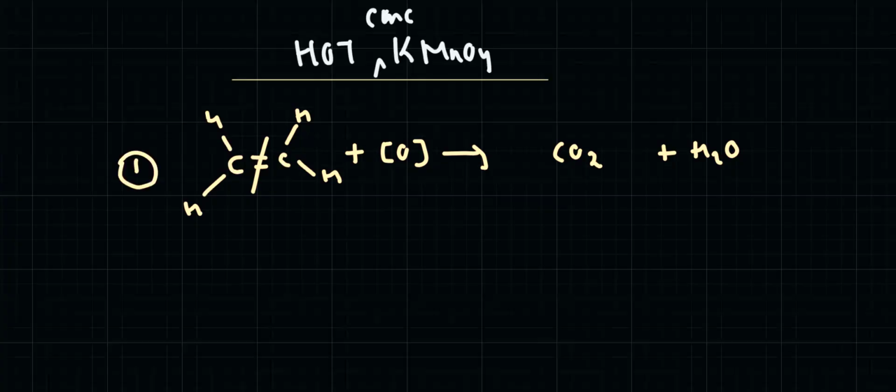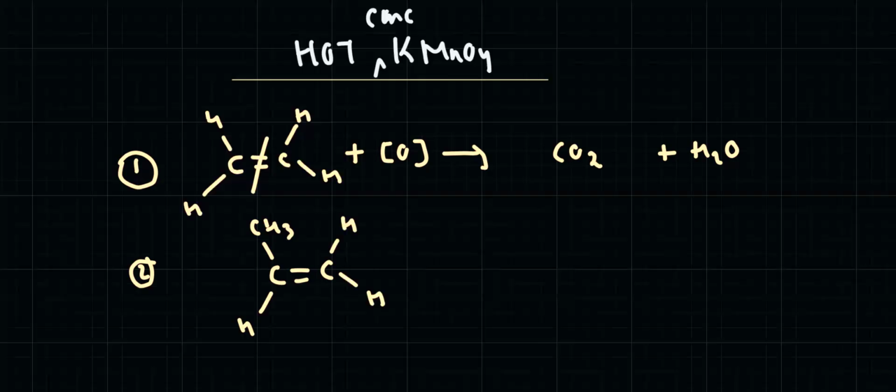Now, when you have an alkyl radical here, and let's say two hydrogens here, the first step is that it breaks down the double bond. Let's break down the double bond.